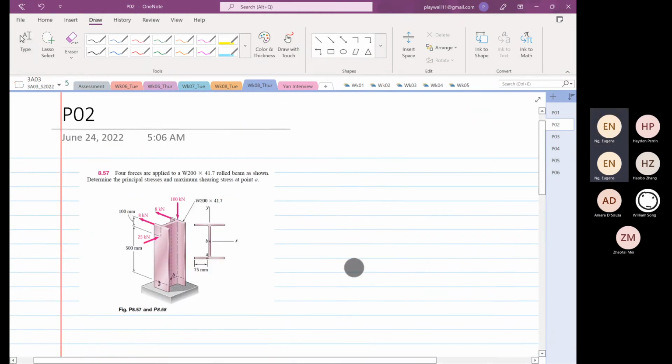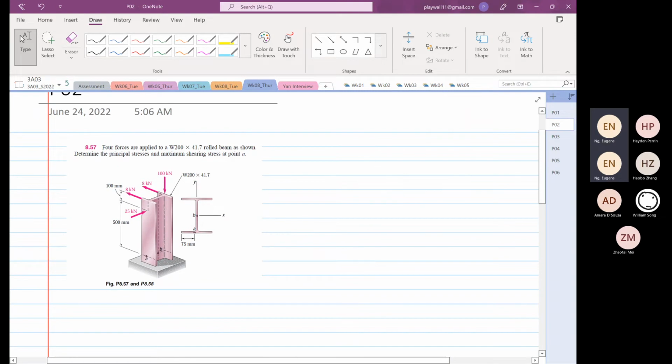Okay. So now we are going to draw our element.